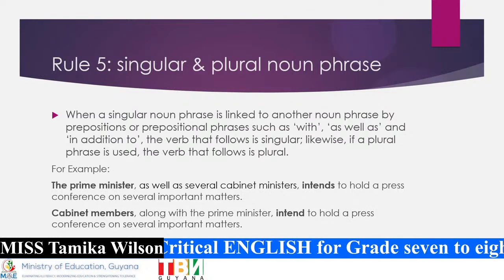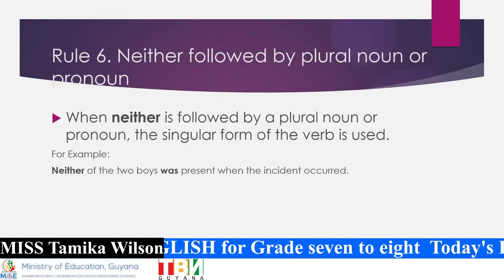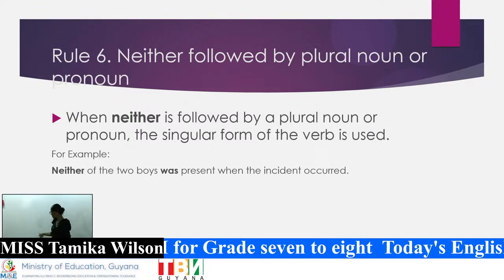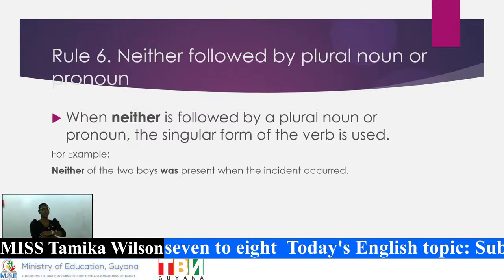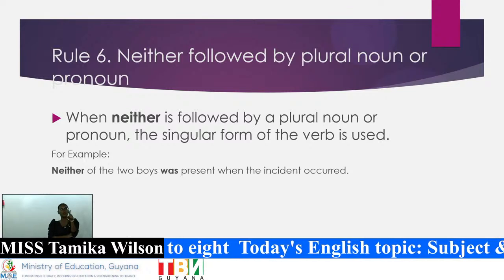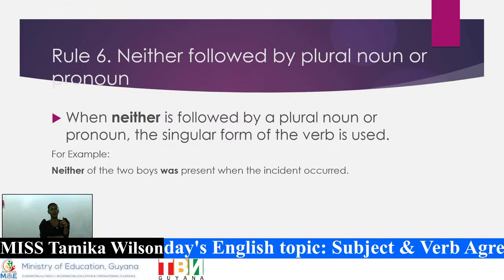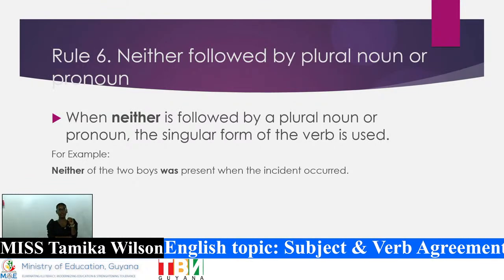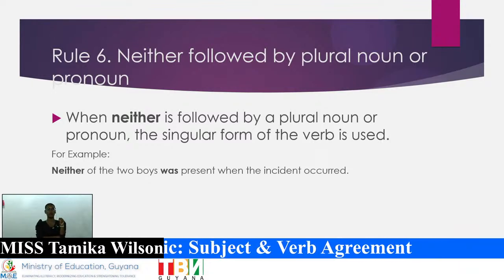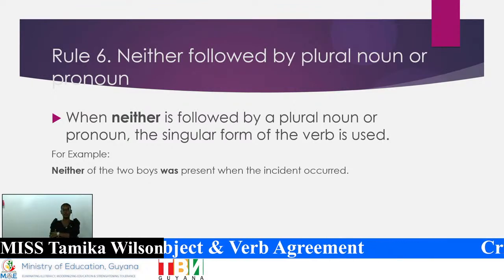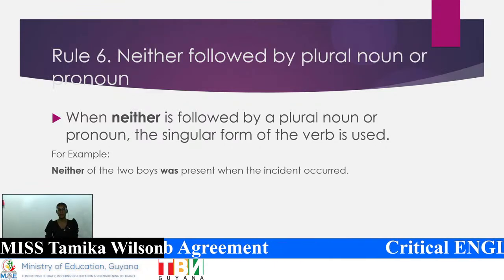All right. And finally, we're moving on to the final one. Remember I was telling you about the 0, 1 or 0? And this is where that principle will apply. Neither followed by plural noun or pronoun. So that's the rule: when neither is followed by a plural noun or pronoun, the singular form of the verb is used.